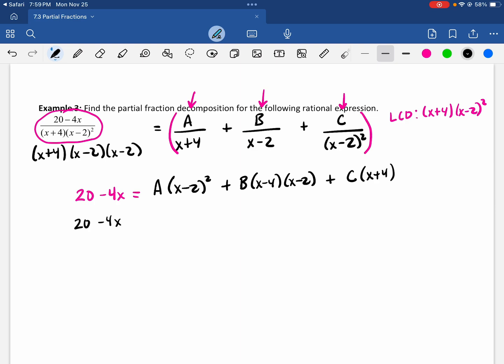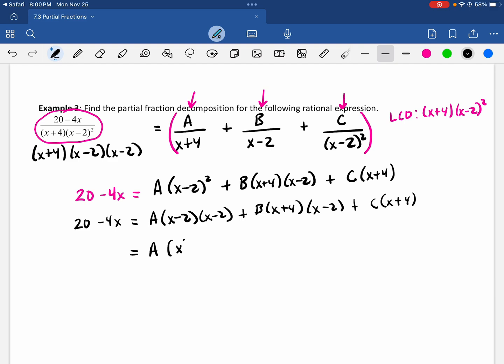I'm just going to keep bringing that left-hand side down. Remember that x minus 2 squared means x minus 2 times x minus 2. So if I FOIL that out, x minus 2 times x minus 2, that's going to be x squared minus 4x plus 4.